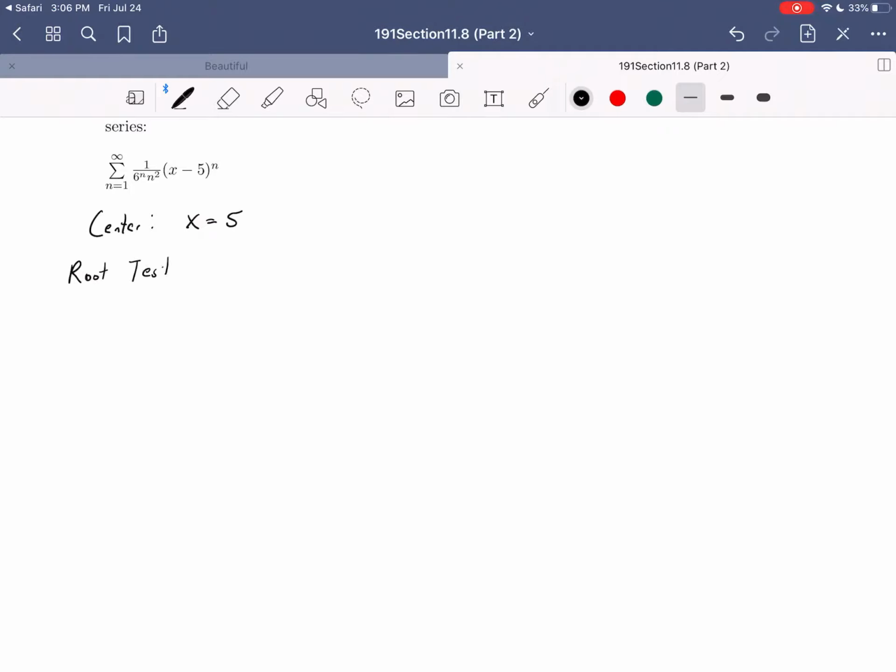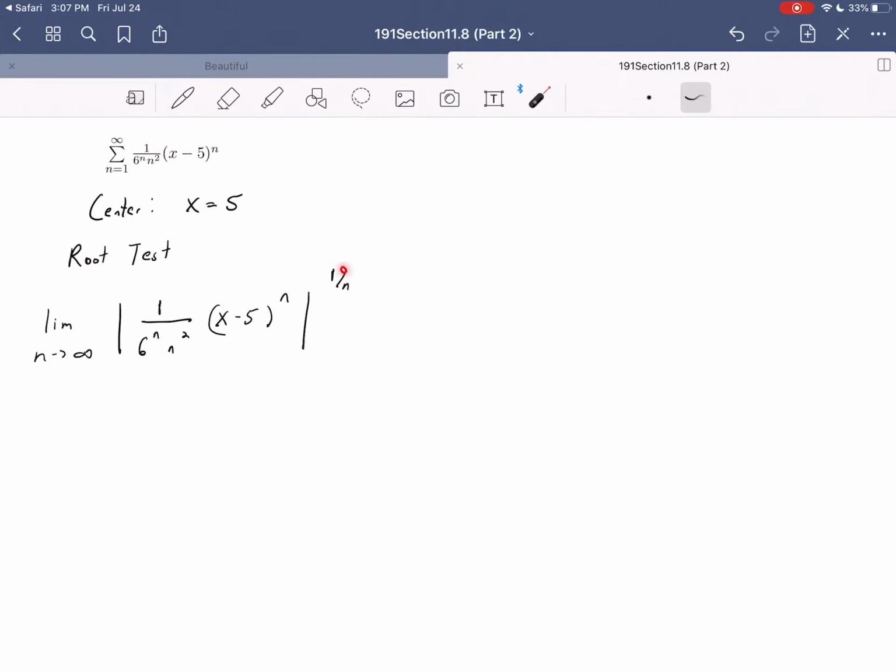For the root test, we're going to be looking at the limit as n goes to infinity of the absolute value of 1 over 6 to the n squared, (x minus 5) to the n, all raised to the 1 over n exponent. Now we'd like to distribute this 1 over n exponent onto all the pieces, but first we should recognize that these absolute value bars really only apply to the x component.